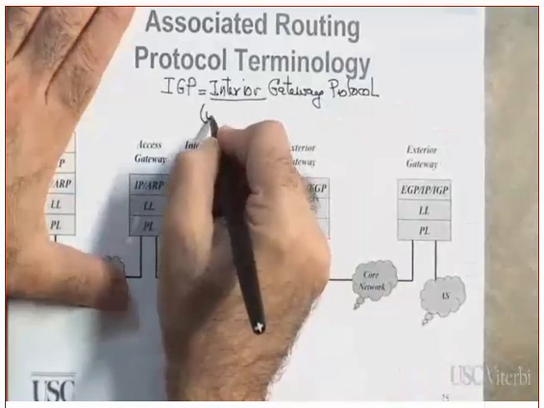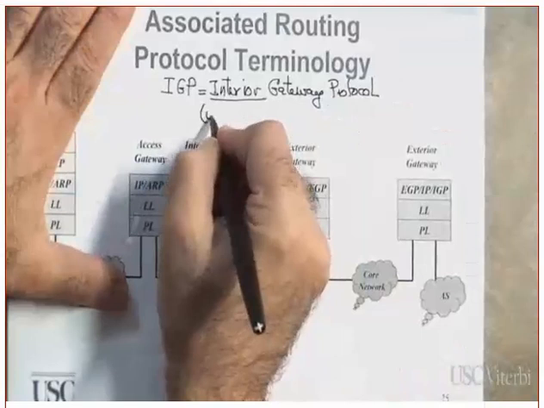Did you get my point? This one needs to have information of how to reach this one. The exterior router, this one, needs to have information of other exterior routers in different autonomous systems, and also how to reach an interior router.